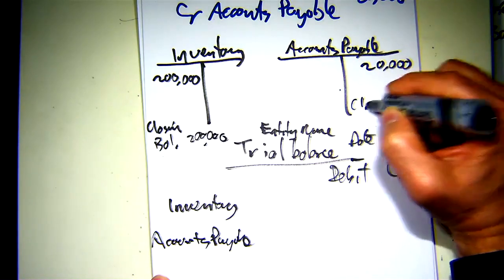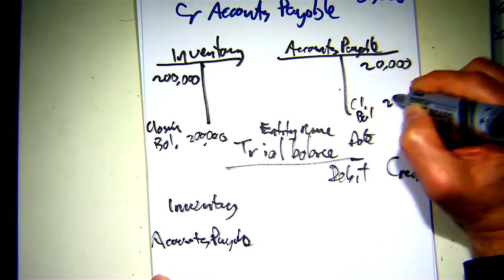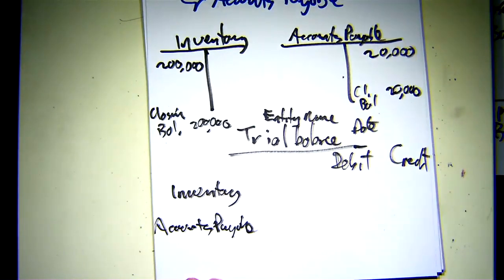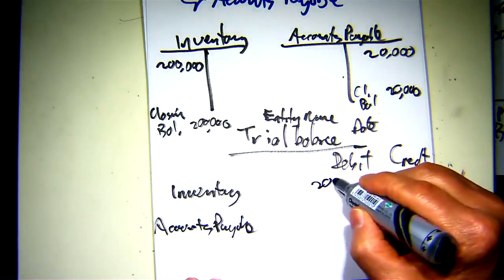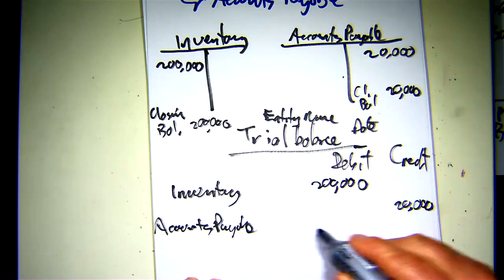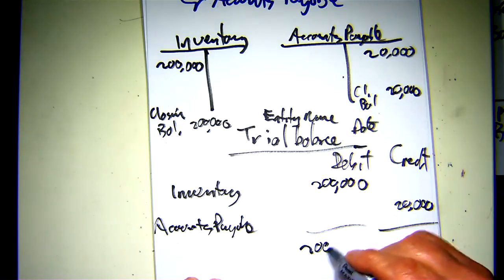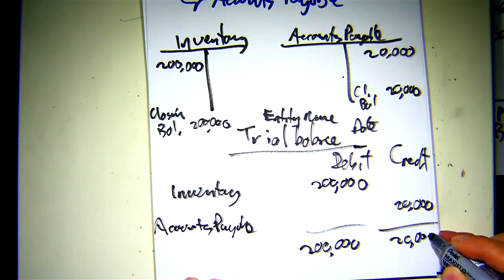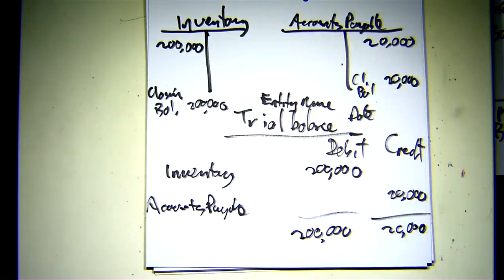I've got a closing balance, 20,000 there. And then if I produce my trial balance, I'll have inventory of 200,000. I'll have accounts payable 20,000. So I'll have a trial balance that doesn't balance. So the answer to the first question is, will it balance? And the answer is no.